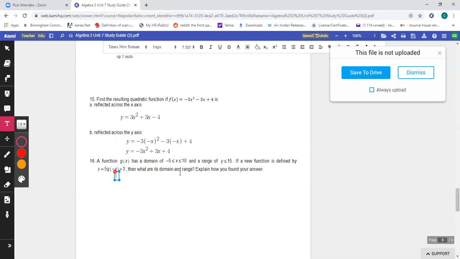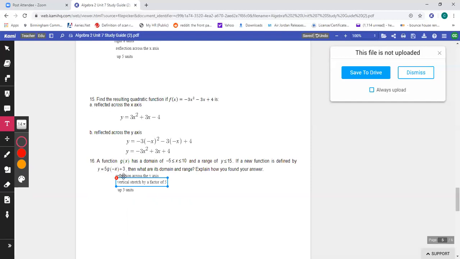I know that there's a reflection across the y-axis because the negative is attached to the x. I know there's a vertical stretch by a factor of 5. And then I also know that I am going at the very end up 3 units.